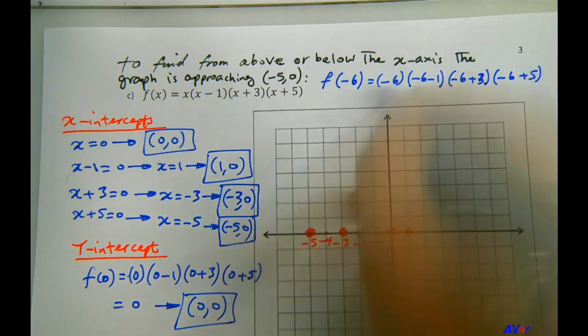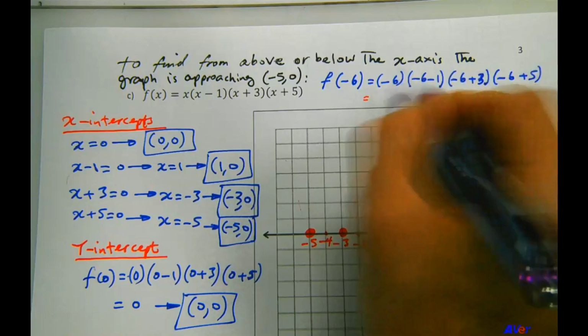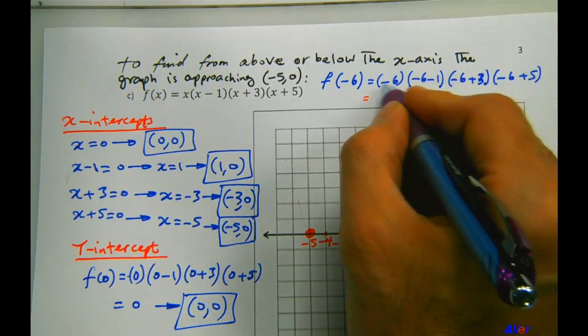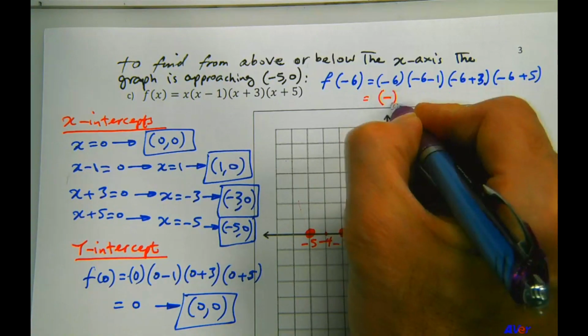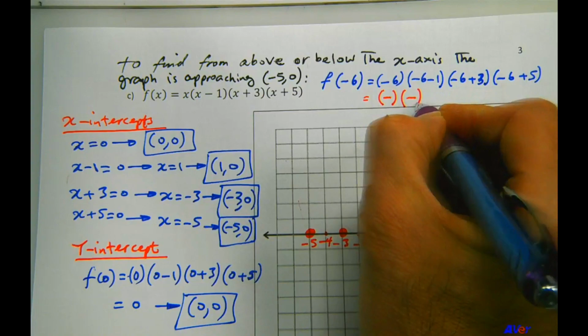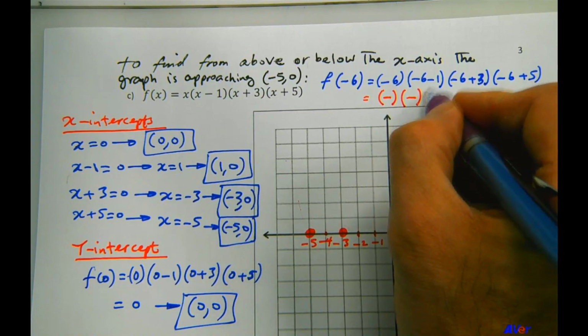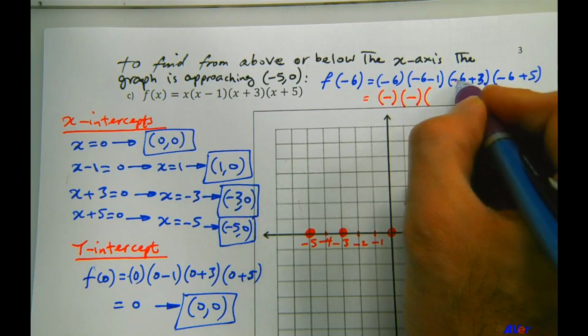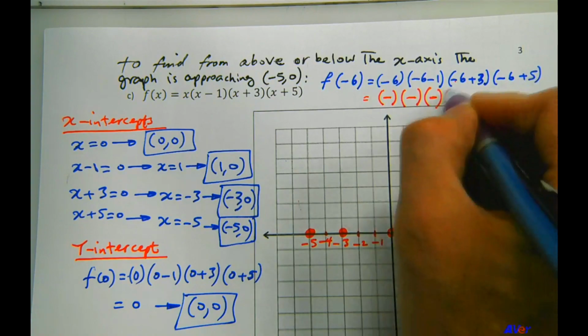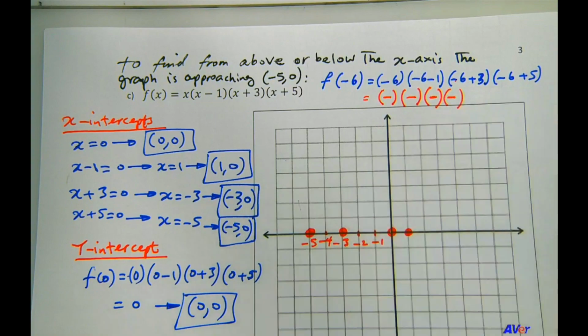So I'm going to do this. Instead of the value, I'm going to replace each factor with the algebraic sign. So minus 6 is minus, times minus 6 minus 1, it's going to give us another negative value. Minus 6 plus 3, another negative value. Minus 6 plus 5, another negative value, right?